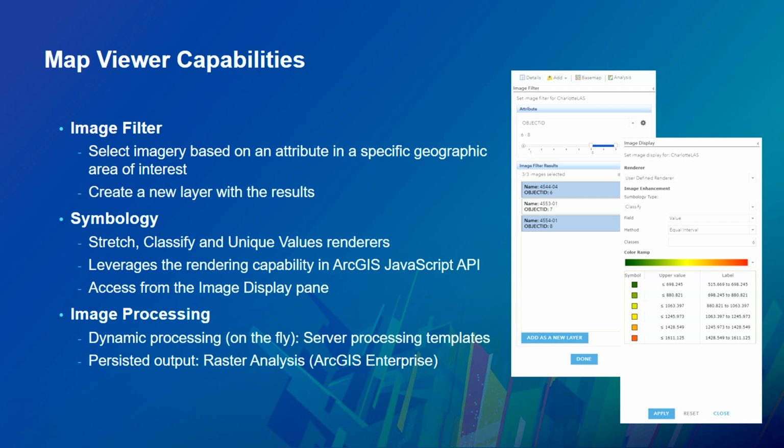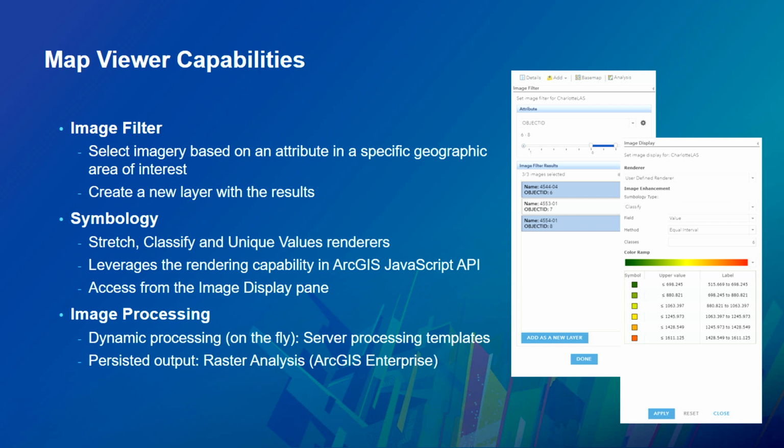After making selections, you can create a new layer with the results and add it to your content. The symbology option allows you to enhance your imagery and improve its appearance by applying different renders like stretch, classify, and unique values. It leverages the rendering capabilities in ArcGIS API for JavaScript, and you can access it from the image display pane, which I will show you in a little bit.